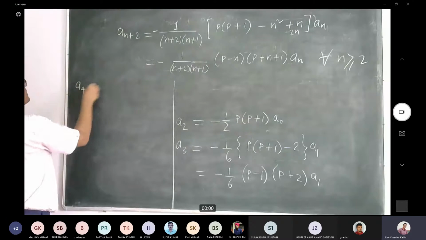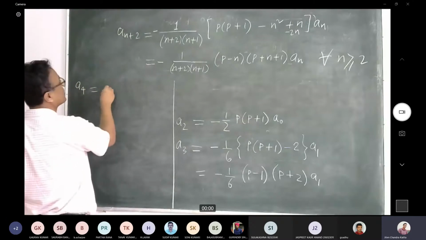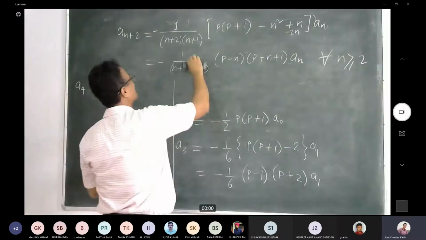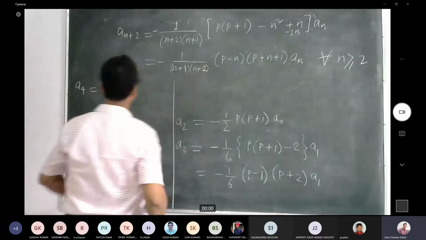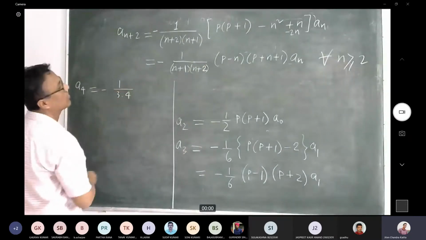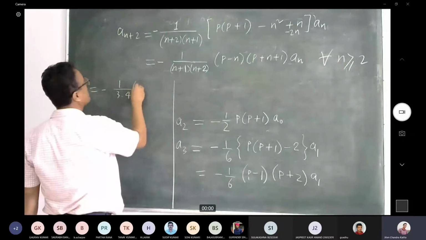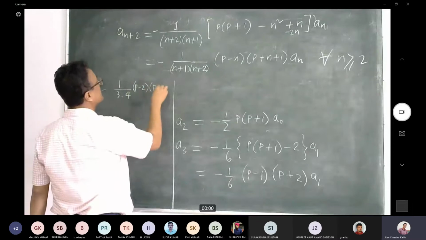your a4. That is going to be equal to minus 1 by... Maybe I should start with... It will be easier for us to... Okay, fine. So 3 into 4, and then this is going to be p minus 2, and then p plus 3, right?